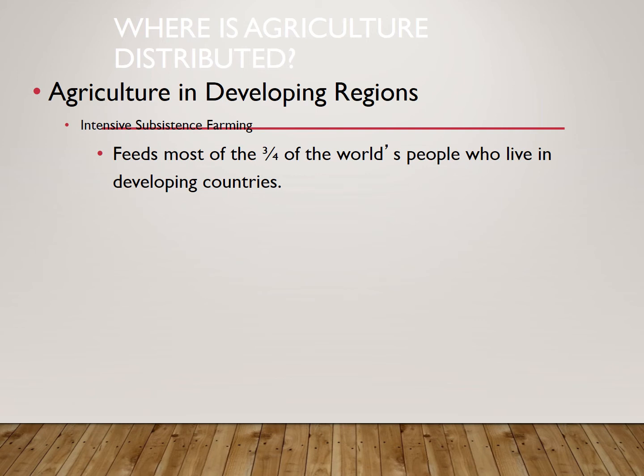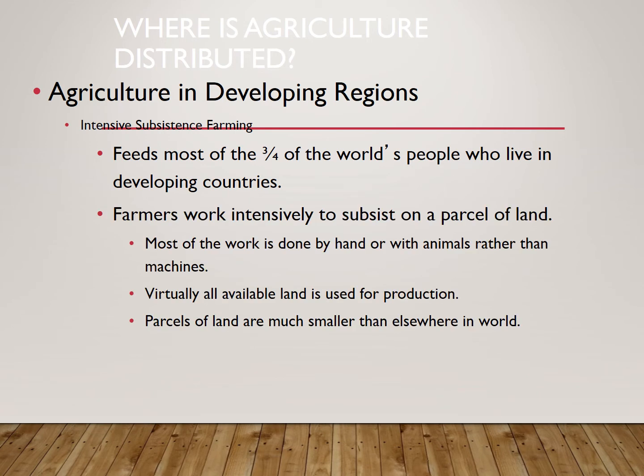The subsistence kind feeds more than 3/4 of the world's people who happen to live in developing countries. Farmers work intensively to subsist on a parcel of land. That just gets at the term that we're using here. Most of the work is done by hand or with animals, not using machines. They use all the land that they can.